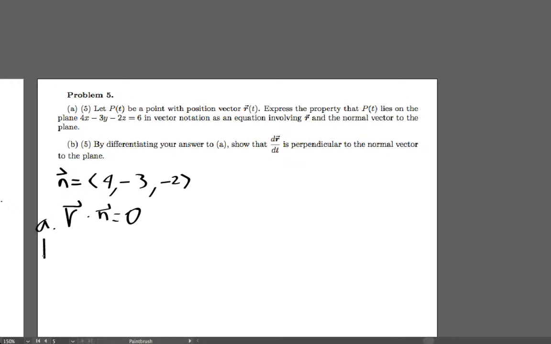For B here, by differentiating your answer to A, show that dr vector over dt is perpendicular to the normal vector to the plane. Okay, so first, let's just take the derivative of r vector dot n vector.